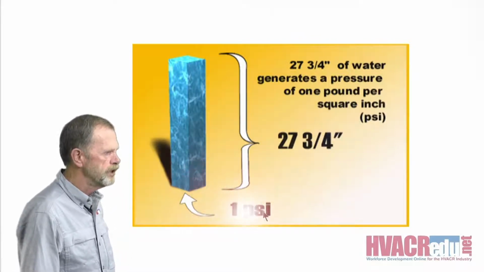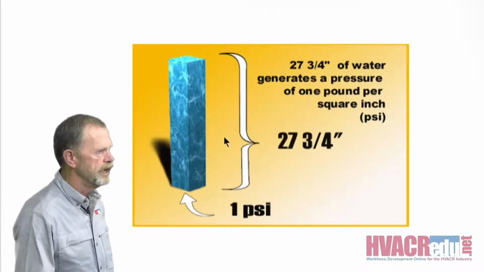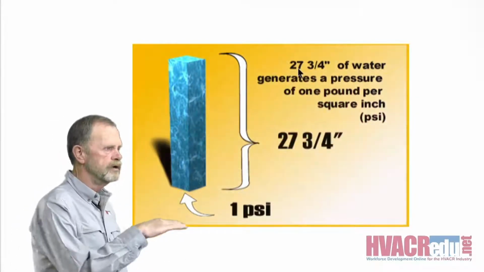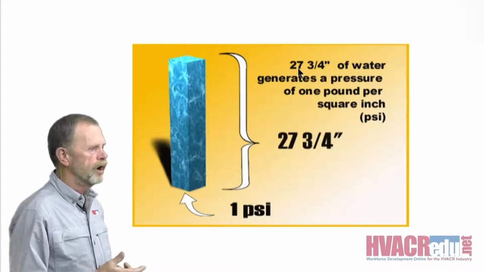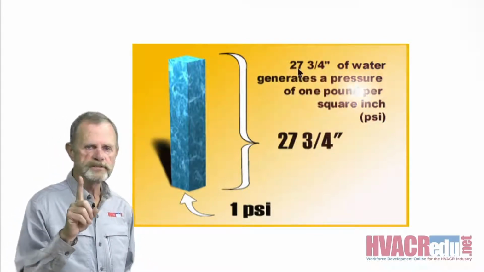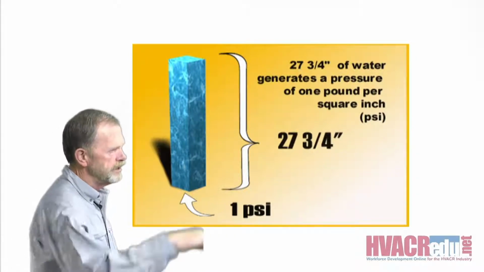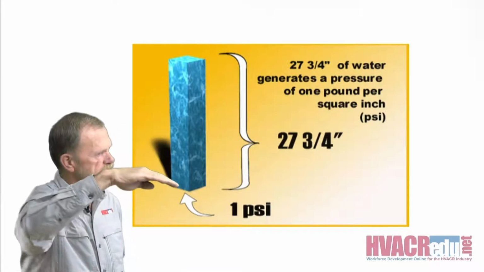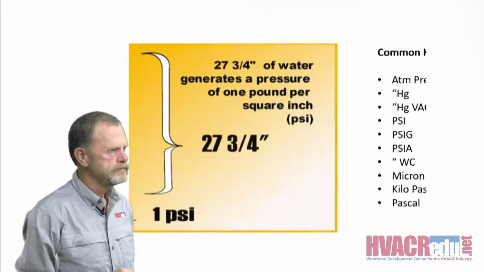Here's 1 square inch, and a column of water 27 3/4 inches high on a 1 square inch surface is 1 PSI. That generates 1 pound per square inch, but I need a column of water 27 3/4 inches high to create that 1 PSI.